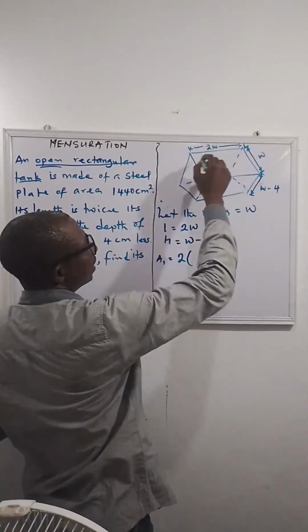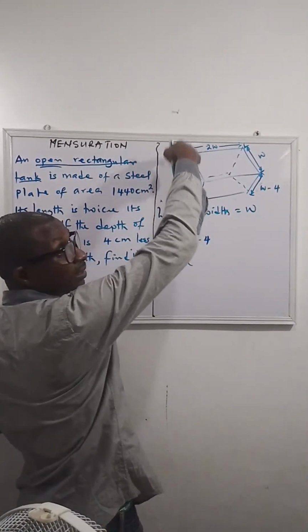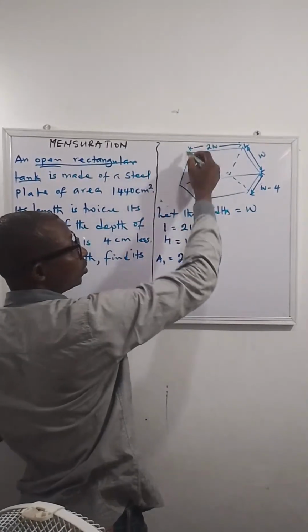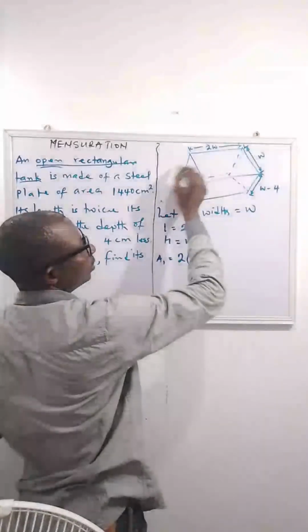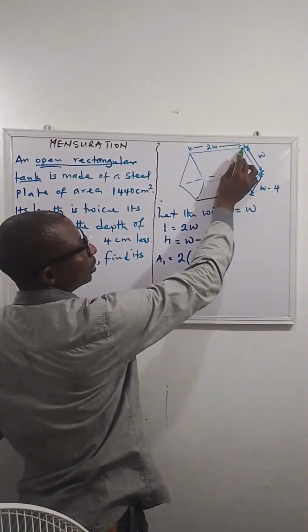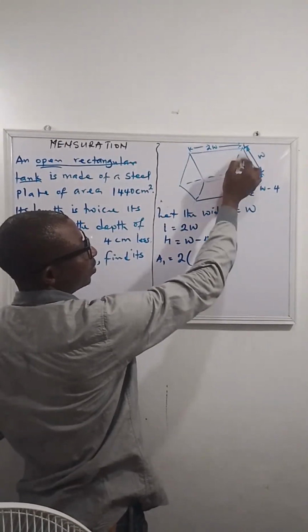We have length times breadth. The depth is the same thing as your breadth, because this one is just a rectangle. This is the length, 2W, and the depth is the same as the breadth.